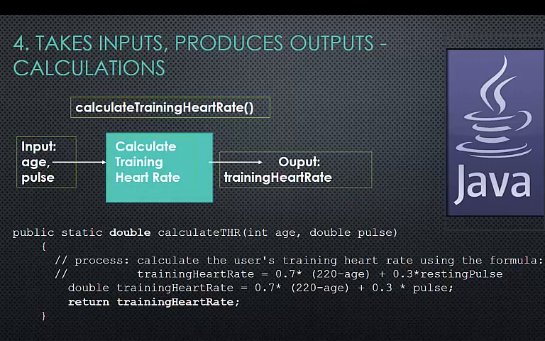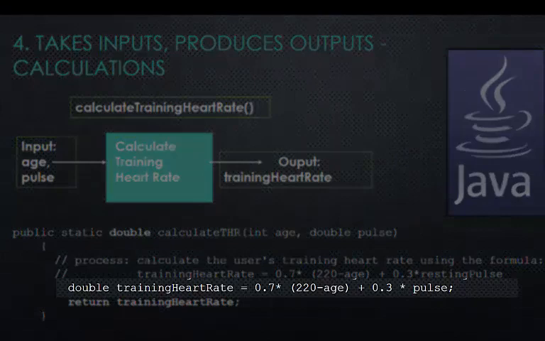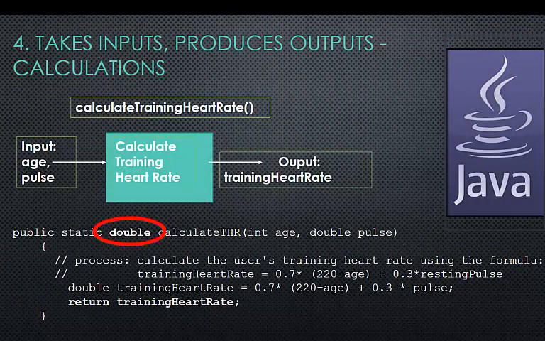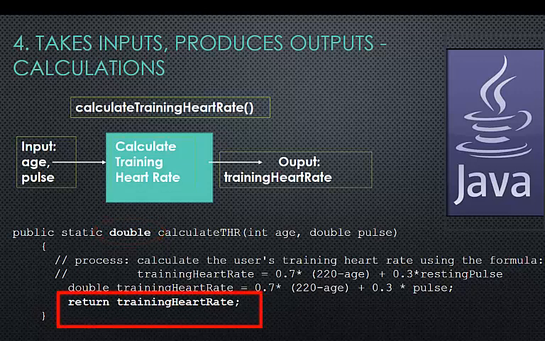They are used to do the calculation for the training heart rate. The calculated result will be output from the method. That is why we see the word double in front of the method name. This indicates the method will return a double type value to the program, and that is done using the return statement.